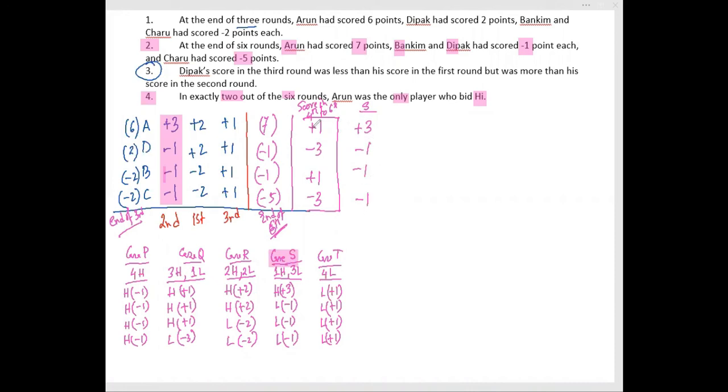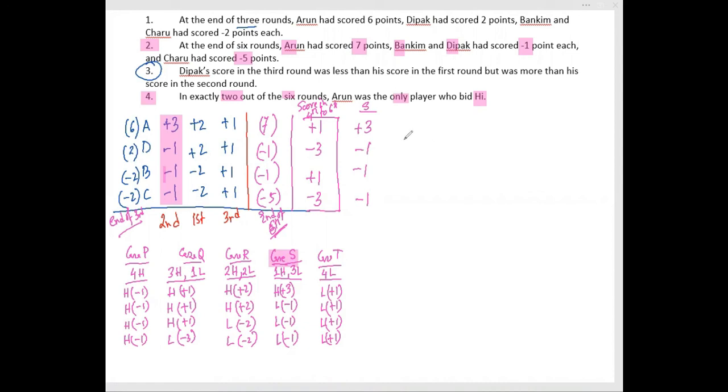Now how does Arun get +1 after getting +3 in one of the rounds? So -2 needs to come in the next 2 rounds. To get -2, I need to find it out. It may be +3, -1.